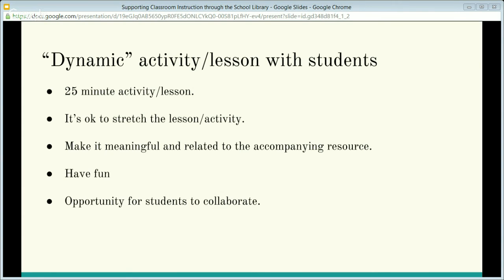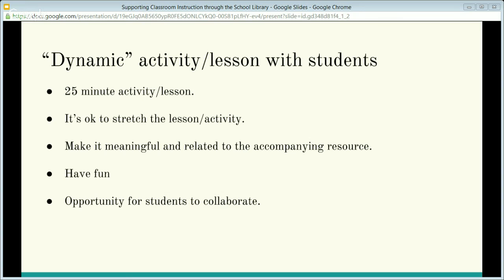And also, if you look at the pacing guide, let's say their theme is sea life. Well, they're not talking about sea life in their class for one week. They're doing it over three, four, five, sometimes even seven weeks.